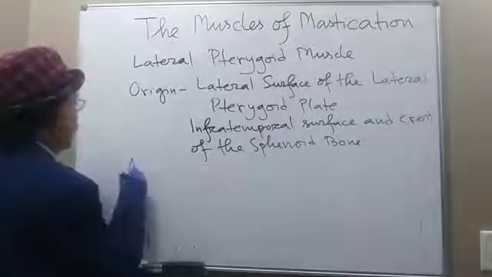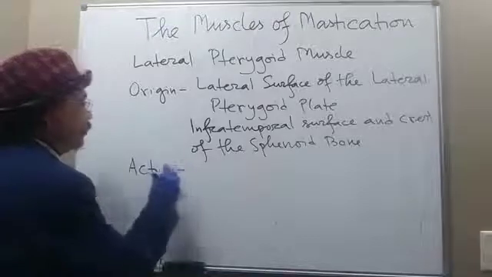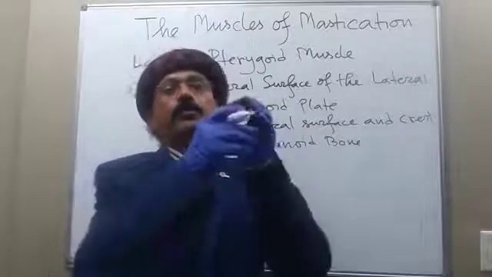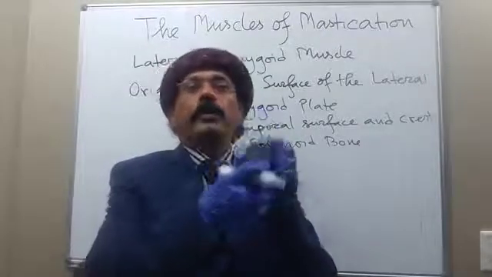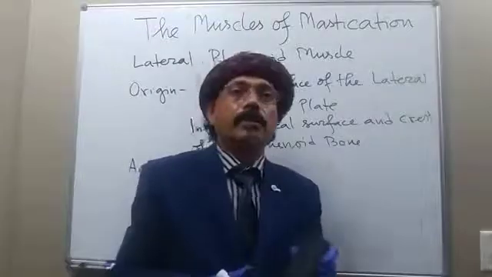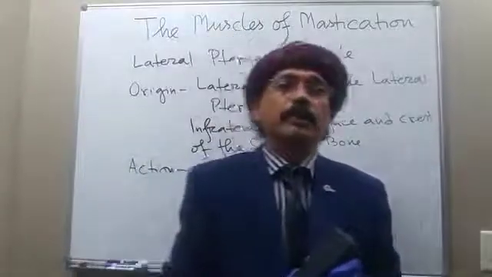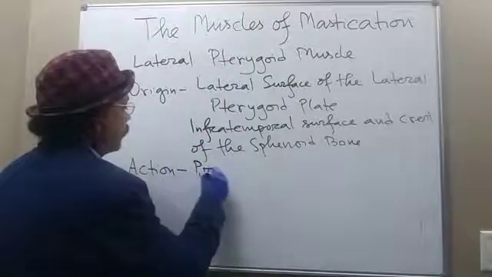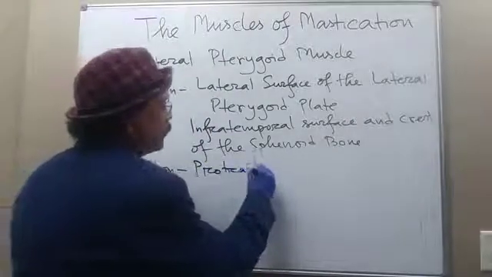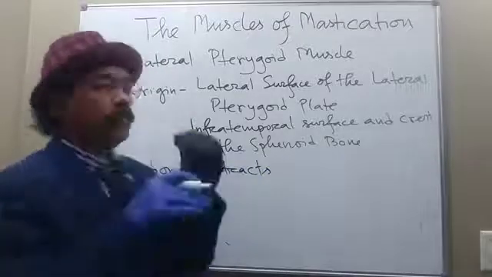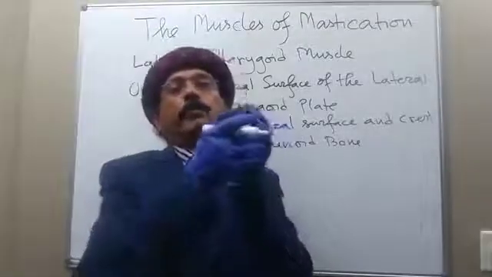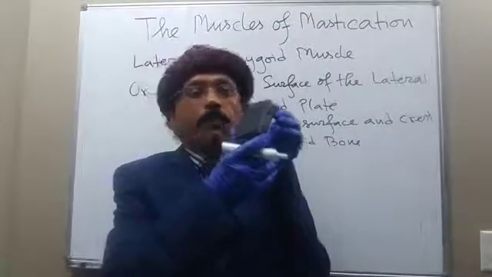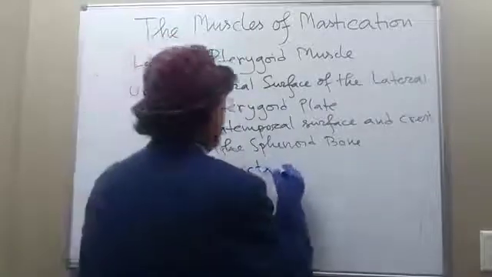What is the action? You must remember that action. It pushes the mandible forward and helps in the depression of the mandible. It protracts. If it pushes the mandible forward, then the posterior fibers of the temporalis can help to depress the mandible.